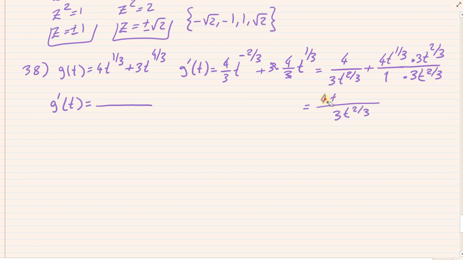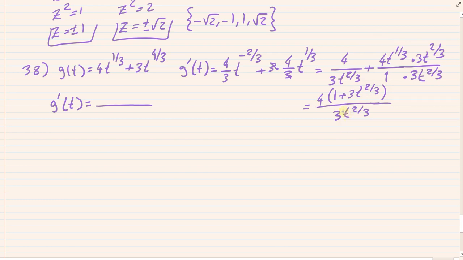And remember, I'm going to factor out a 4. Both of these have 4 in them. That makes it 1 from the first expression, plus 3t to 2/3 from the second expression. And there you go. That's how we combine these.